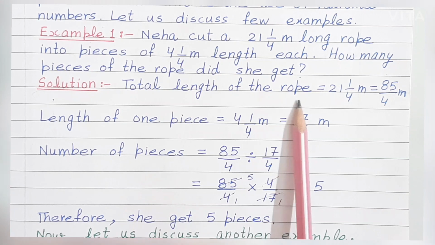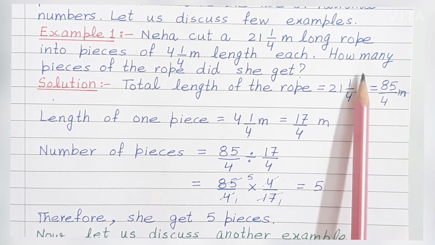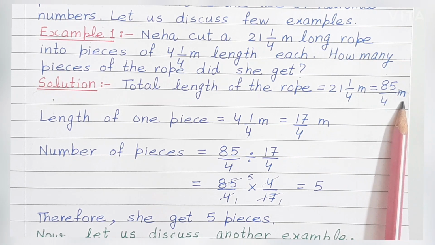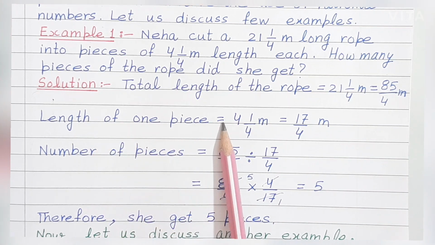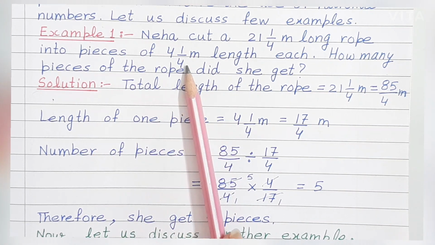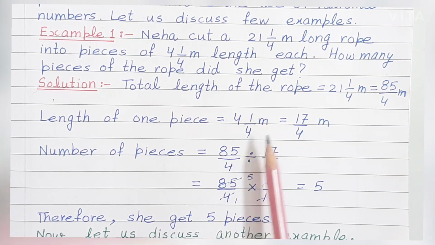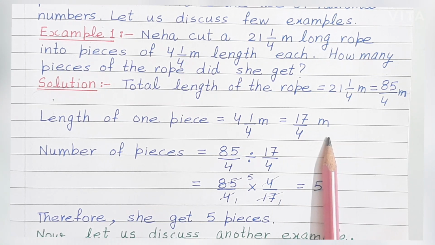Total length of the rope is given, that is 21 1/4, that is equal to 85/4 meter, right? Now length of one piece is already given in the question, that is 4 1/4 meter, that is equal to 17/4 meter.